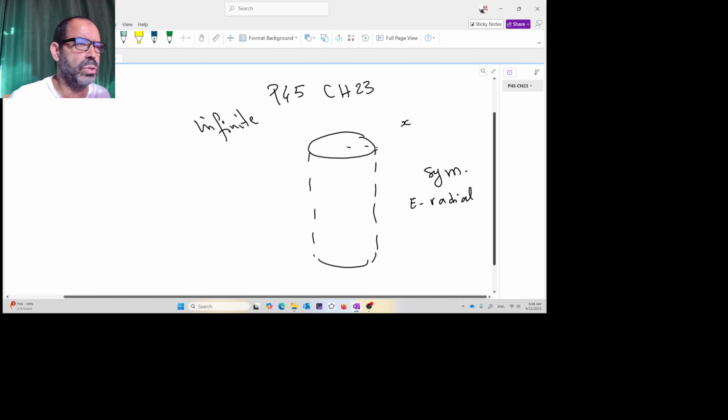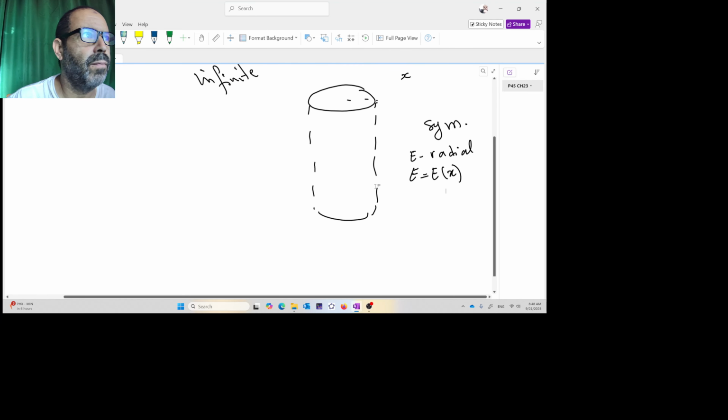Number two, the electric field only depends on X, because if you argue otherwise, then it can move up and down the infinite cylinder. It would look the same, but you're saying that it may depend on a value other than X. So it should only be the same value, because nothing changes in the underlying structure other than this value. Those are the two points that come from the argument.